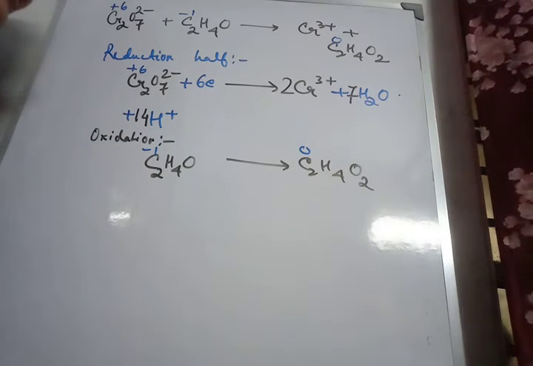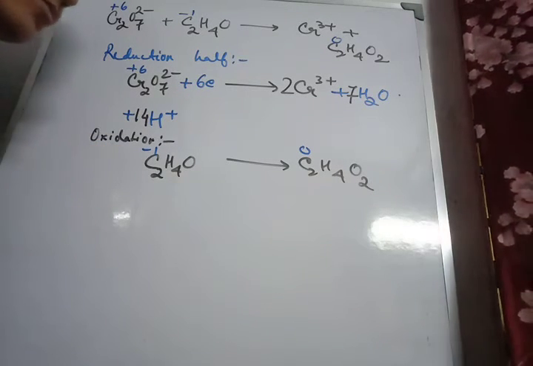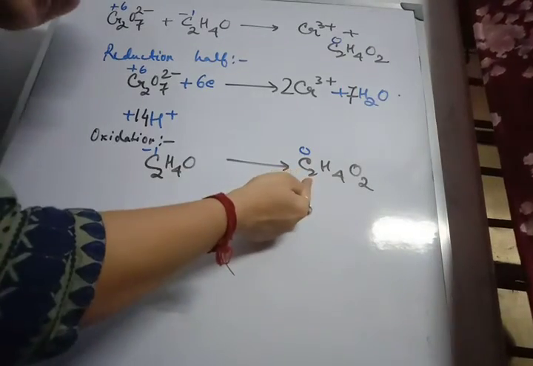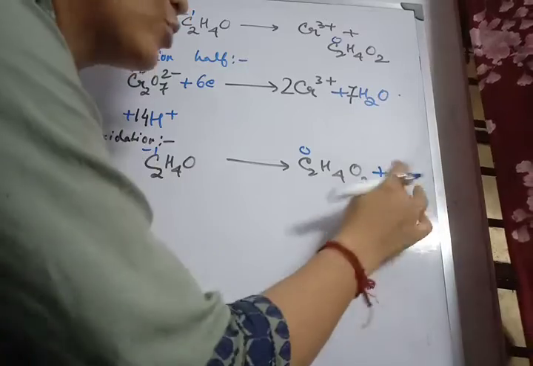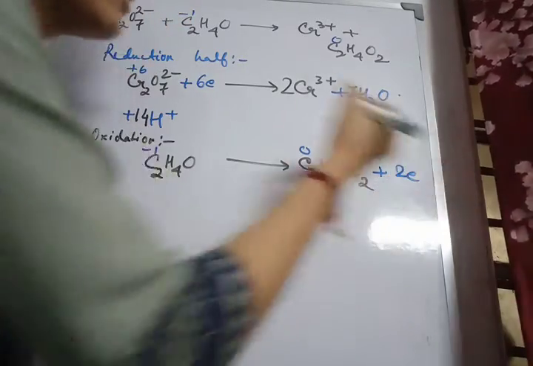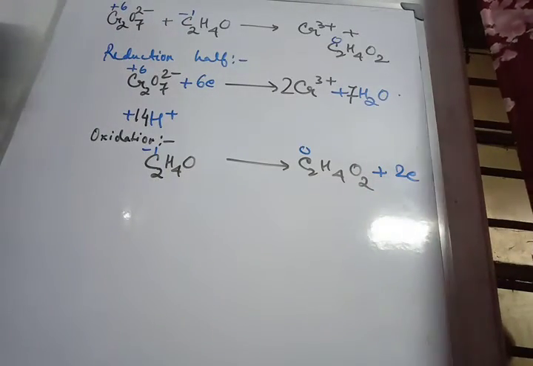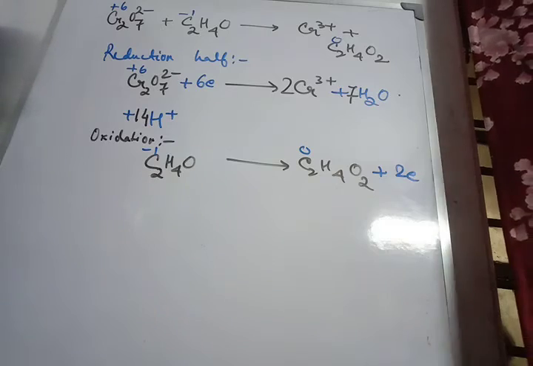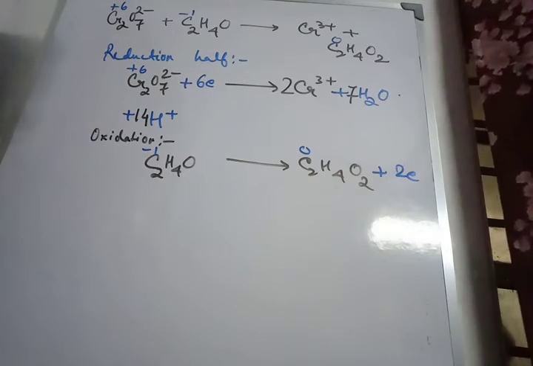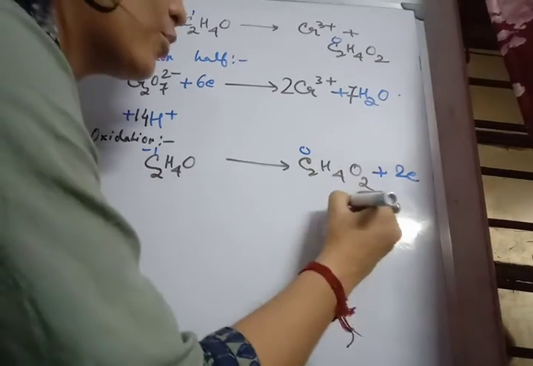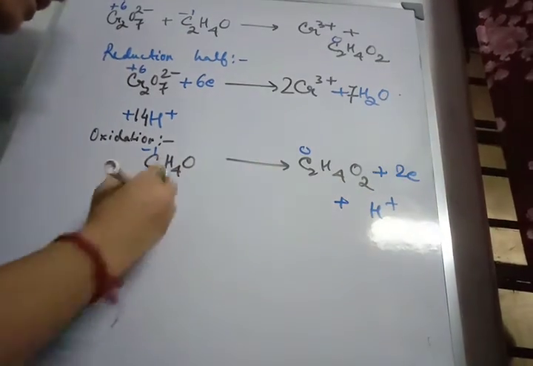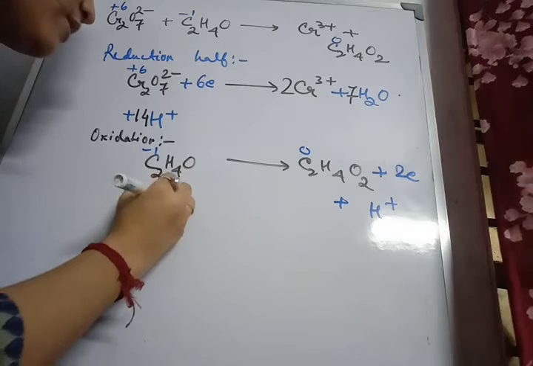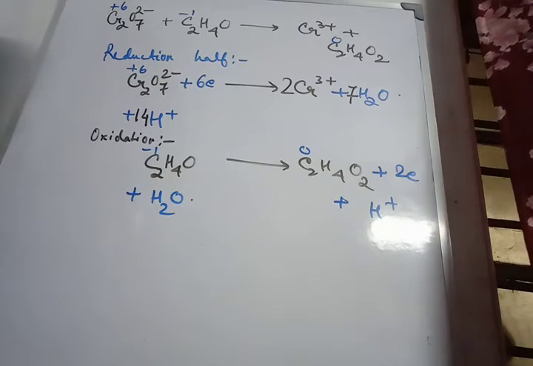For 2 carbon atoms the oxidation state will be -2, and for 2 carbon atoms on the right it will be 0. So to balance the oxidation state, we add 2 electrons on the right hand side. Then the oxidation number gets balanced. Now we balance the equation charge wise. H+ we add on the right hand side because it contains more negative charge, that is electrons. That means water will be added on the left hand side.